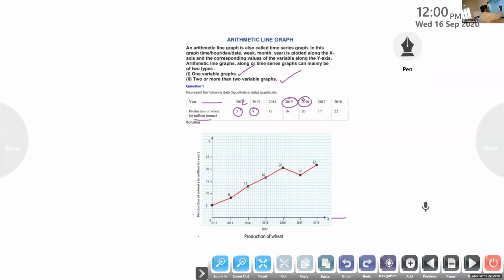In 2016 it is 20, marked 20. In 2017 it is 17, marked 17. Next, 2018 is 22, marked 22 here.